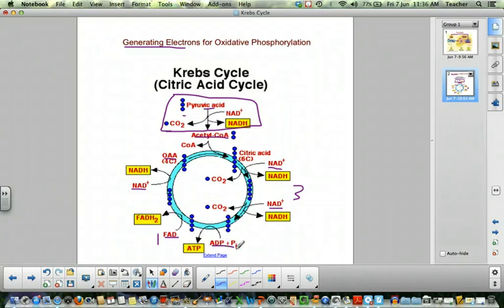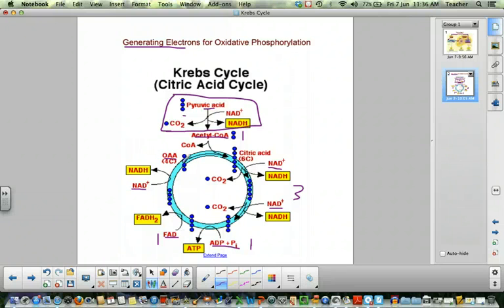There's an ADP here for 1. Okay? So for 1 acetyl-CoA, 3 NAD pluses plus 1 ADP plus 1 FAD. Those are the reactants. Okay?